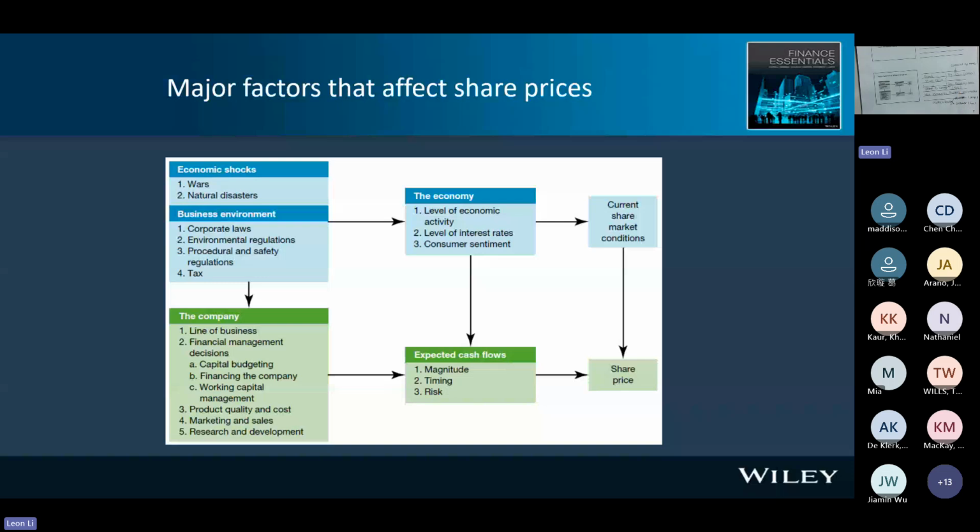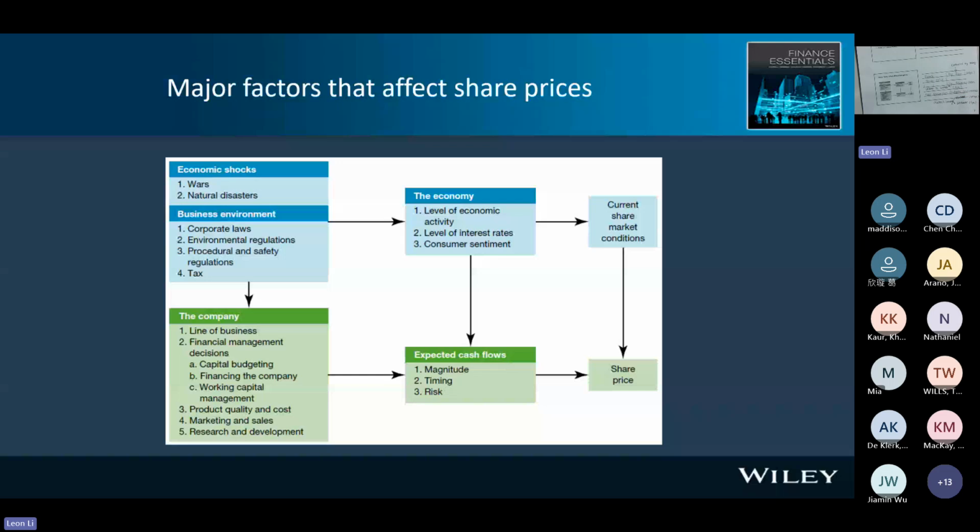For example, now we know the market is not very good. It's very unstable, right? So your company is good, but it doesn't mean your company share price will go up continuously because we have economic shock, right? So this is the systematic factor.